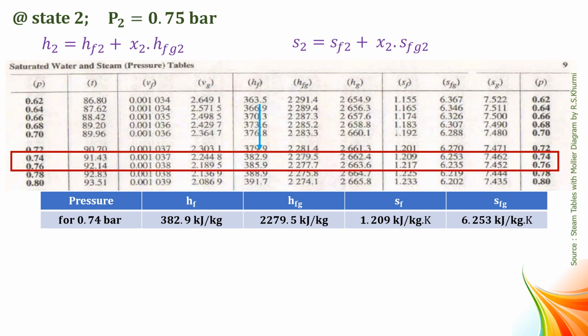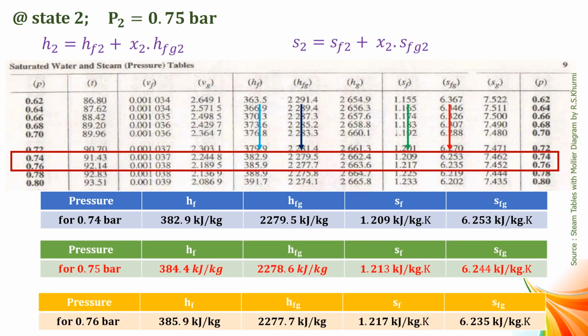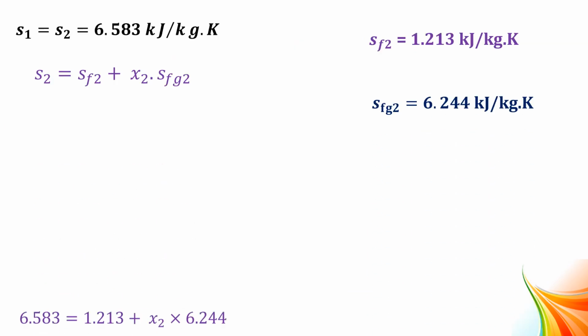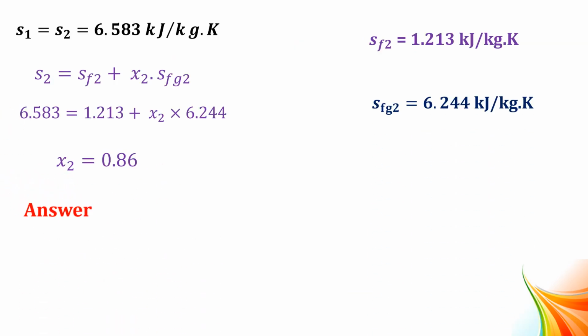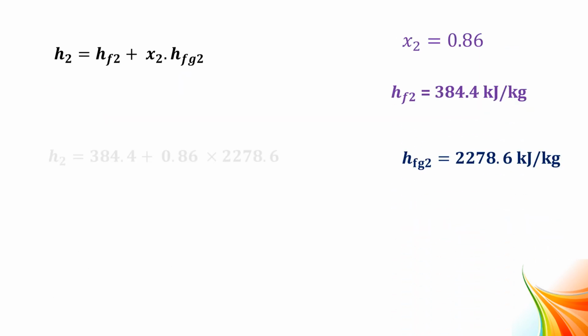Similarly, S2 equals SF2 plus X2 SFG2. So S1 equals S2, and by using that we can find all the values, take H1 and everything and substitute. We find the dryness fraction of steam leaving the nozzle if the friction is neglected is 0.86. That is without friction.